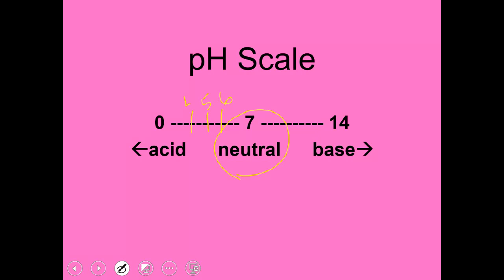If I have something that's pH 4, it is 100 times, 2 factors of 10, more acidic than something that is pH 6. Now, rain is naturally just a little bit acidic right in here because water reacts with carbon dioxide in the air to make carbonic acid.